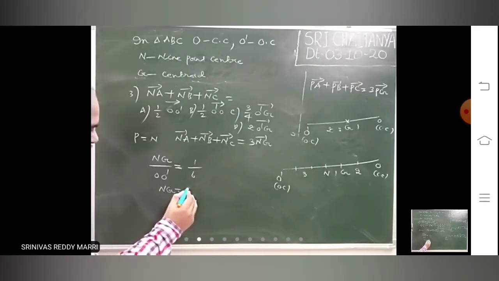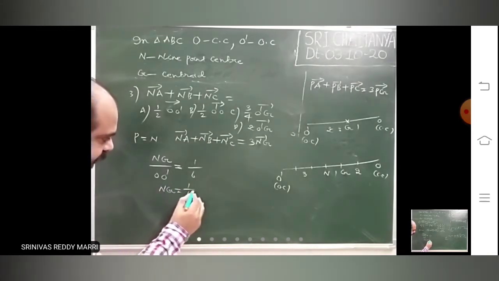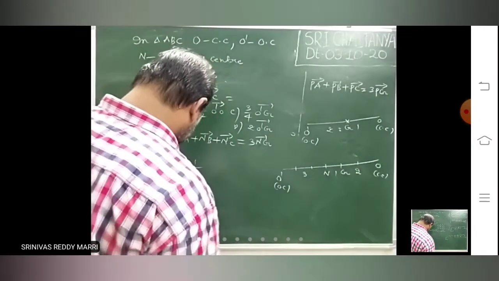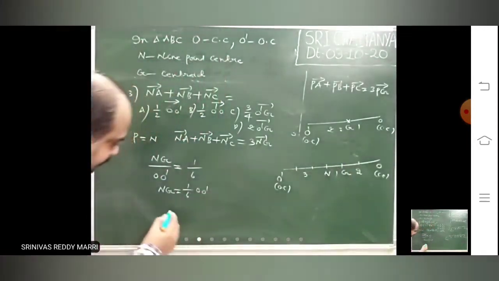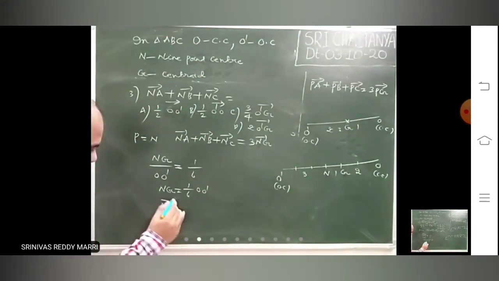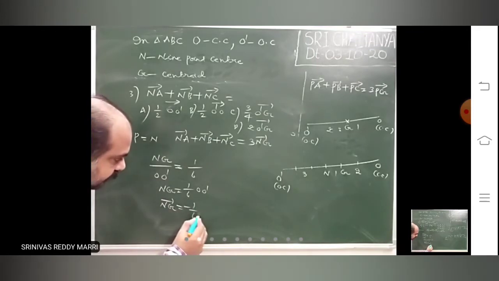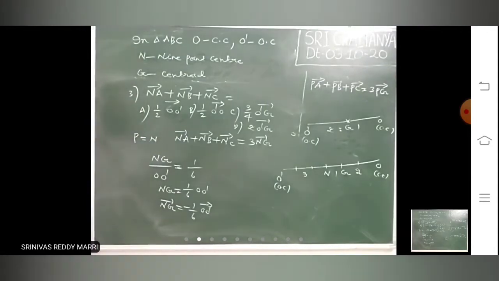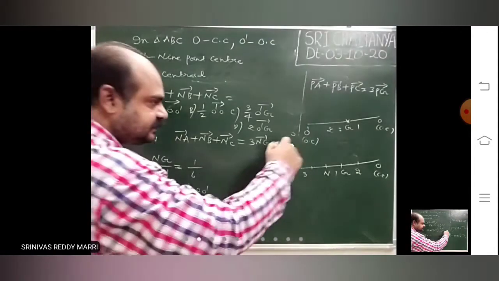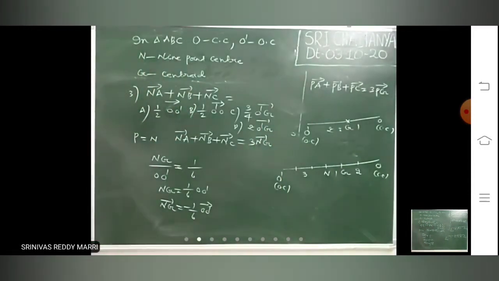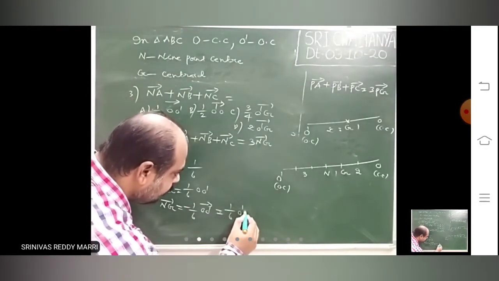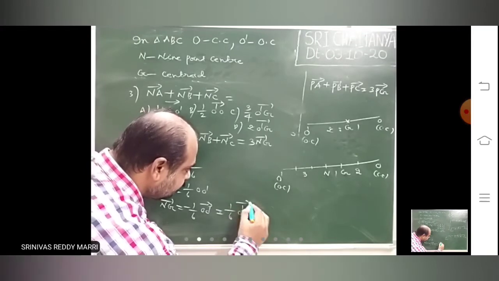That means NG equals 1/6 of OO'. Now NG bar is in this direction and OO' is in this direction. Therefore, NG bar is nothing but minus 1/6 OO' bar, which is 1/6 O'O bar.